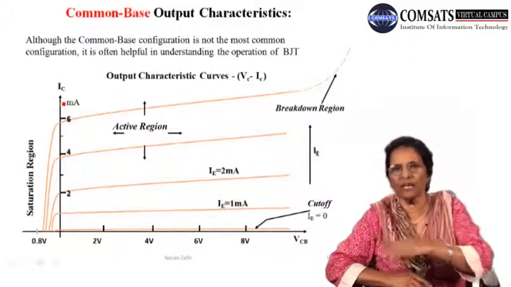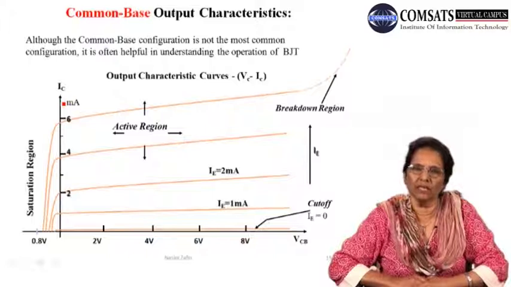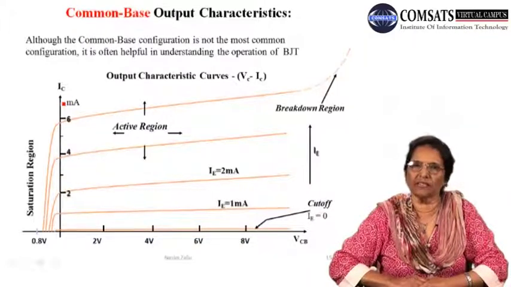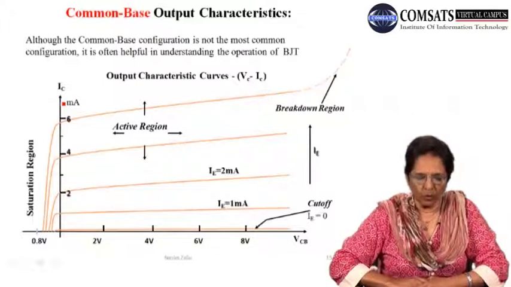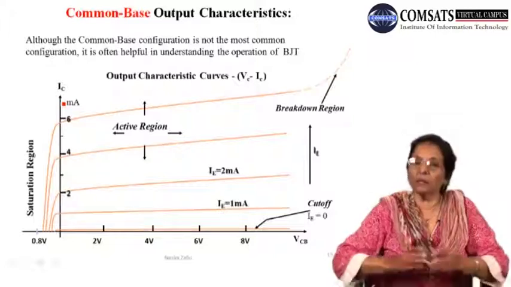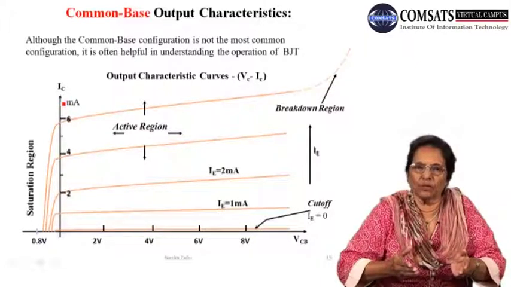That is, they are not flat as we saw in the case of the ideal output characteristic shown in slide 11. So we notice here, and by the way, this curve has been drawn for a silicon diode.